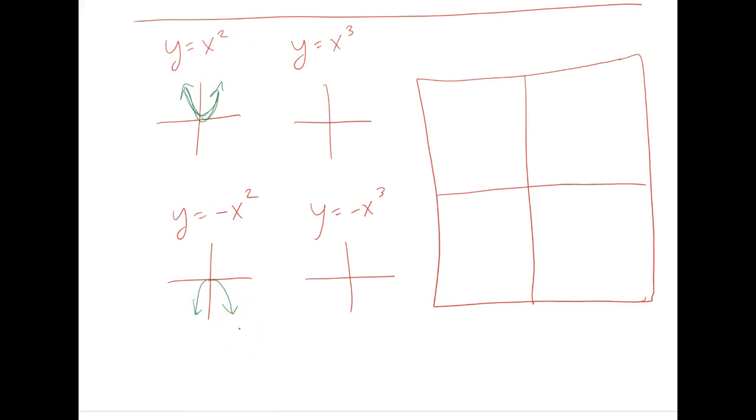The cool thing is that anything with an even exponent, even if it was like x to the 26th, is going to have the same behavior on the ends. It'll be going up on the right and up on the left if it is a positive coefficient, and if it was negative, then it would just be going down, down instead.